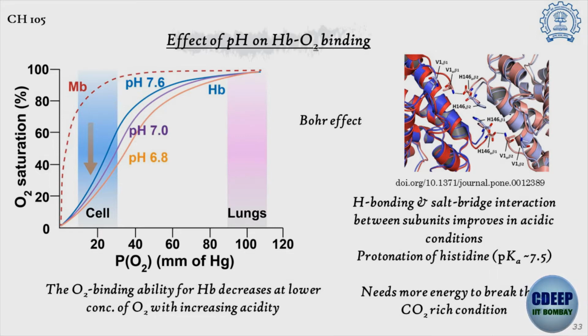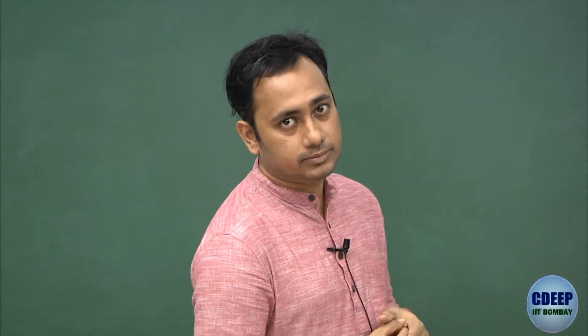This imidazole-connected histidine gets protonated once you go below 7.5, and as it gets protonated, it can create more hydrogen bonding network because you have more protons, and at the same time it is a charged imidazolium ion. In the charged form, it can create much better, much stronger salt bridges. So as I am increasing the acidity or decreasing the pH, I am actually protonating the histidine, and as the histidines are getting protonated, that is creating much stronger bonding between the inter-subunits.